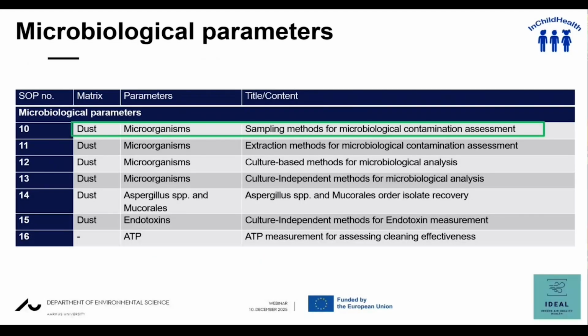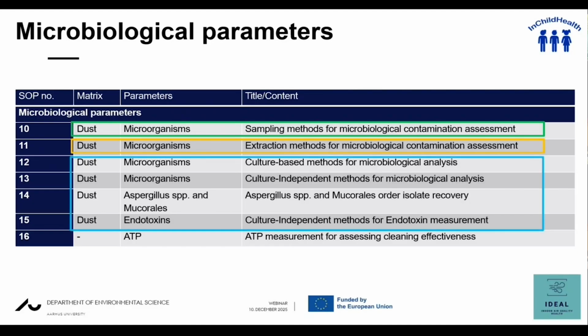Then on the next slide, I will go a little bit more into detail, and I will use as an example the microbiological parameters SOPs. I will only focus on the first one and the second one. So the first one, number 10, is for the sampling methods. And then we have the 11th, that is for the extraction methods. And then we have 4 dedicated SOPs for the sample analysis.